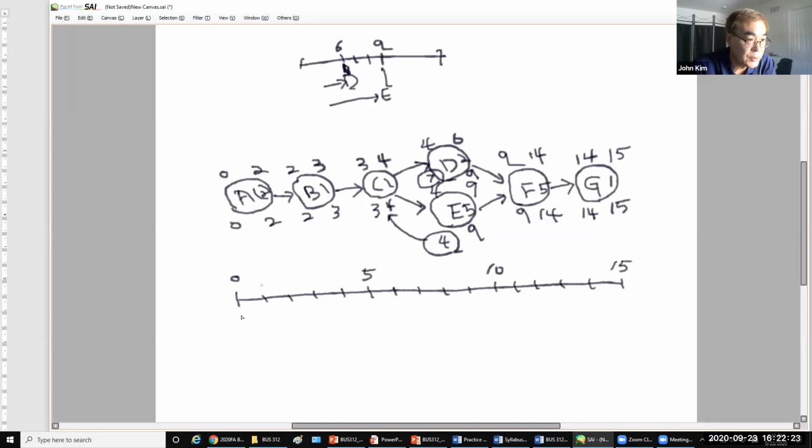So activity A starts at 0 and uses 2 weeks.